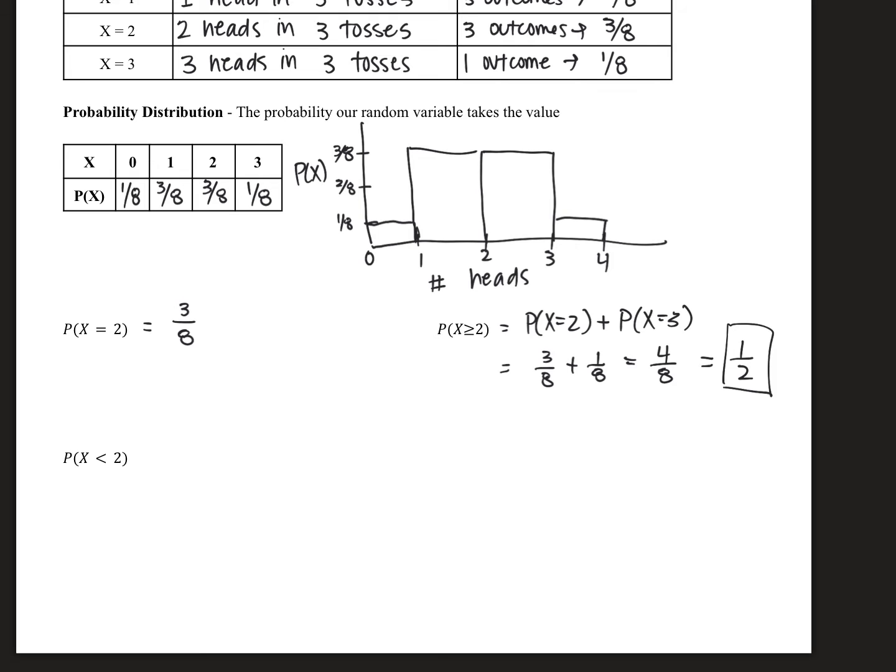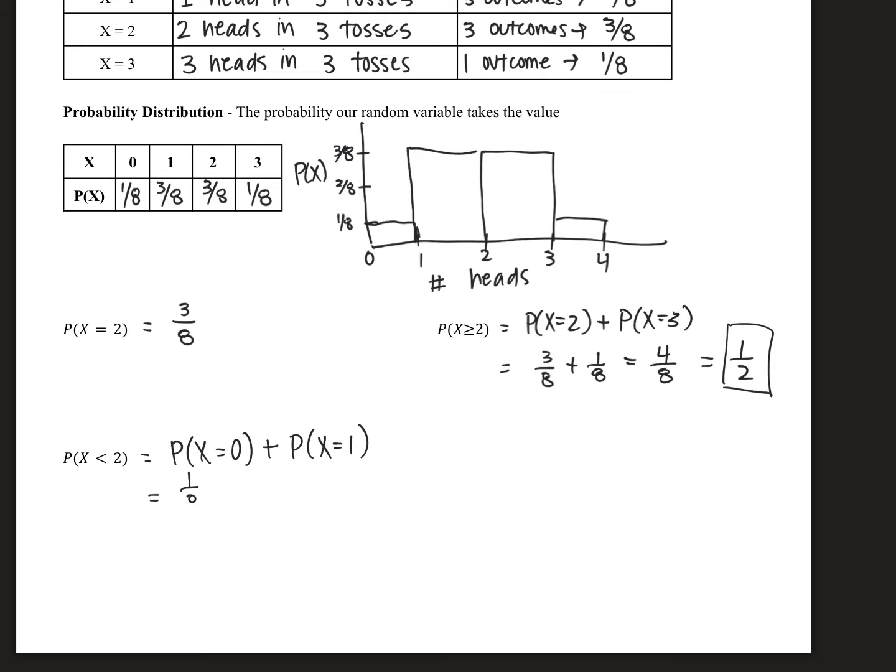Now, next one, it says the probability x is less than 2. So that means strictly less than 2. So the probability x equals 0 plus the probability of x equals 1. If it had said the probability of x is less than or equal to 2, then we also would have added the probability that x equals 2. But right now, it's just less than.